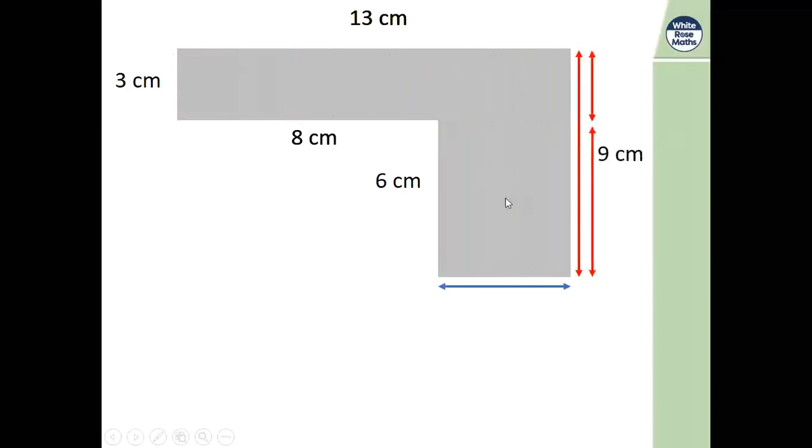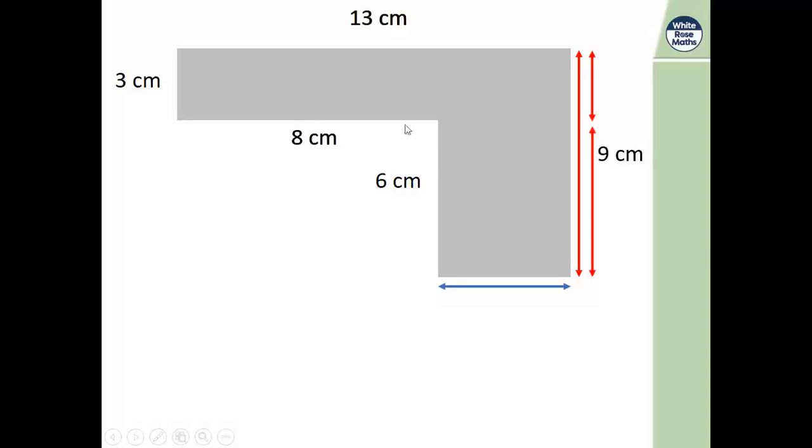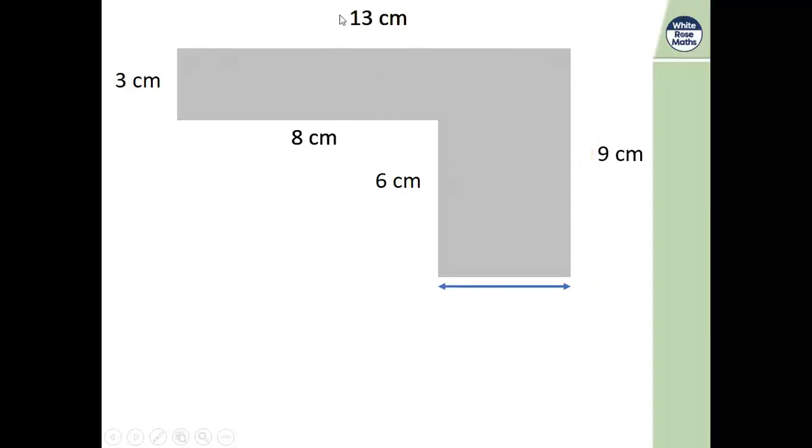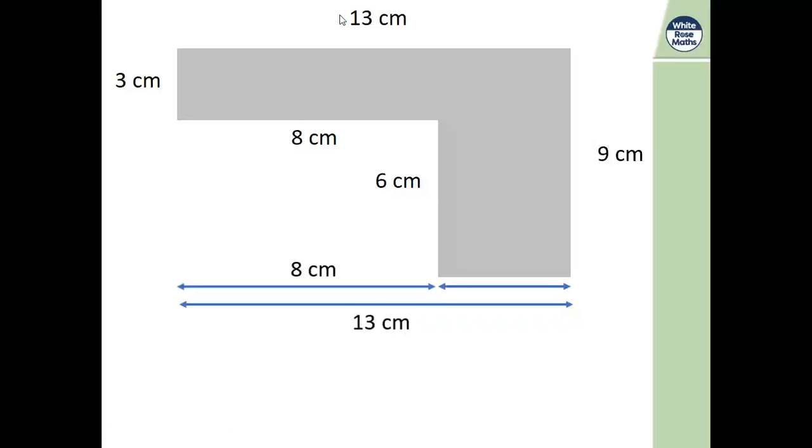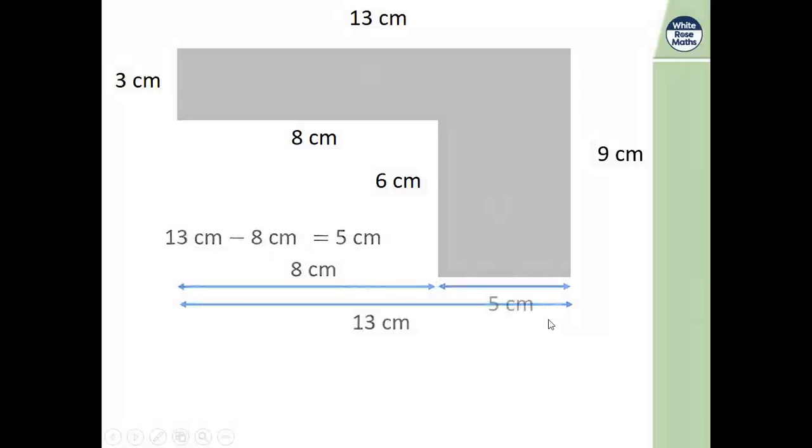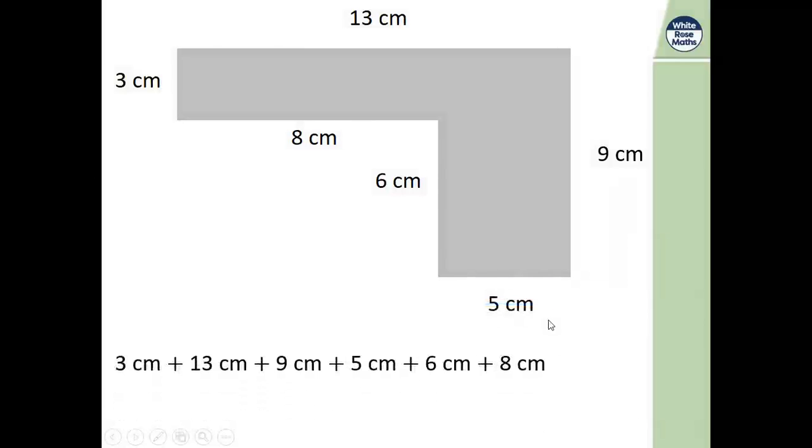Here we are trying to find the difference between the top length and the length that is provided here, and the difference between 13 and 8 is actually 5. That difference between 8 and 13 is going to give us the length that is missing. And this is how you find the missing lengths on rectilinear shapes.